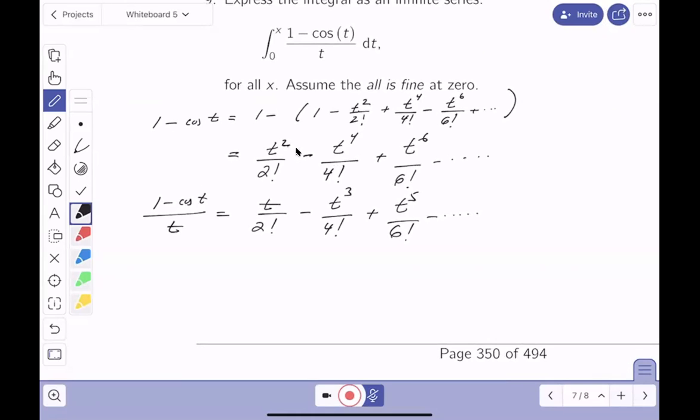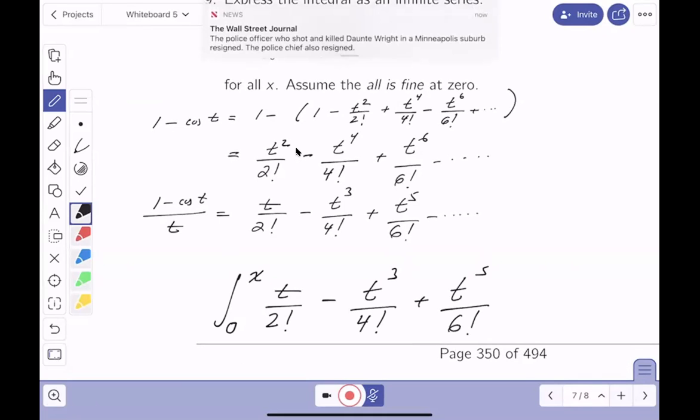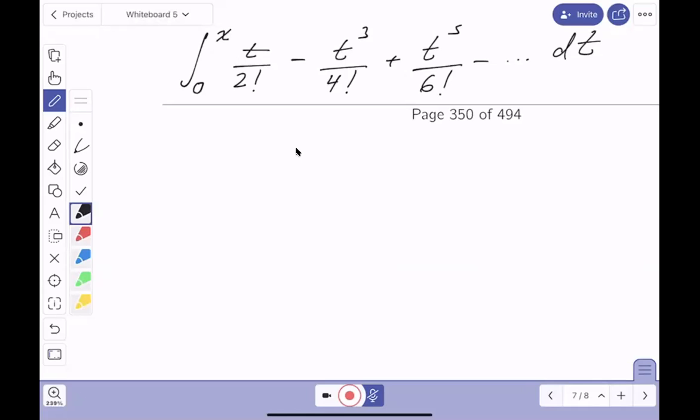And let's write that down. So what am I doing? I'm doing 0 up to x of t over 2 factorial minus t cubed over 4 factorial plus t to the 5 over 6 factorial minus yada, yada, yada, dt. Can I do that integration? I think so.